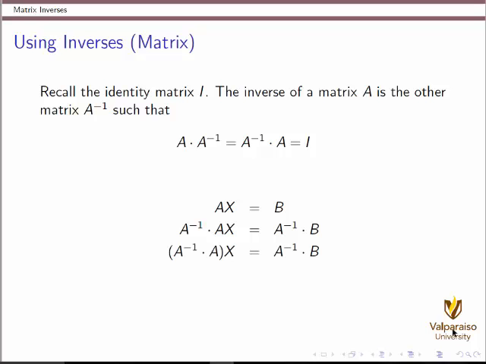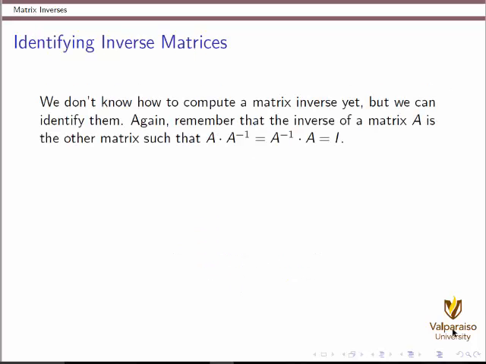Let's be very careful to group the inverse with its partner properly, because that multiplication produces the identity matrix, and remember what the identity matrix does. I times X will just be X. And so with the existence of a matrix inverse, we can solve a matrix equation by matrix multiplication, which means we can solve systems of linear equations by matrix multiplication as long as the coefficient matrix has an inverse.